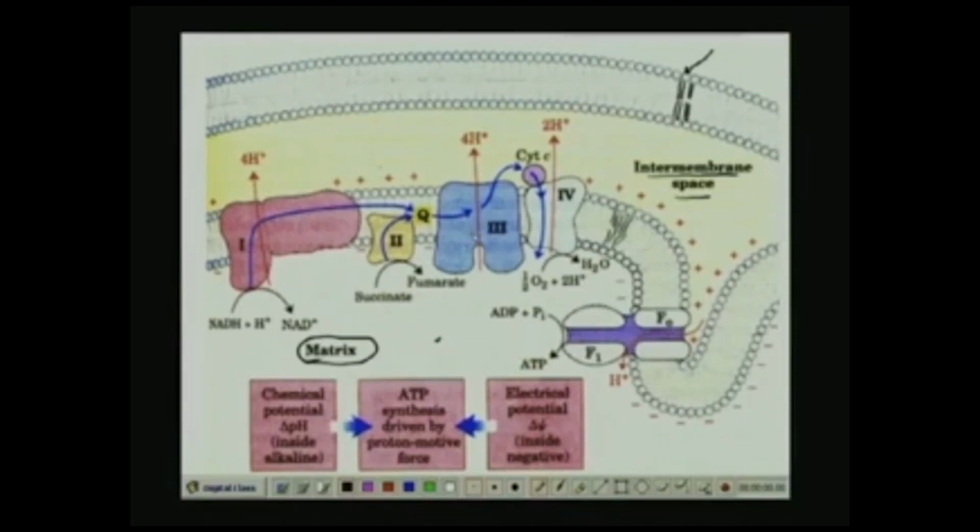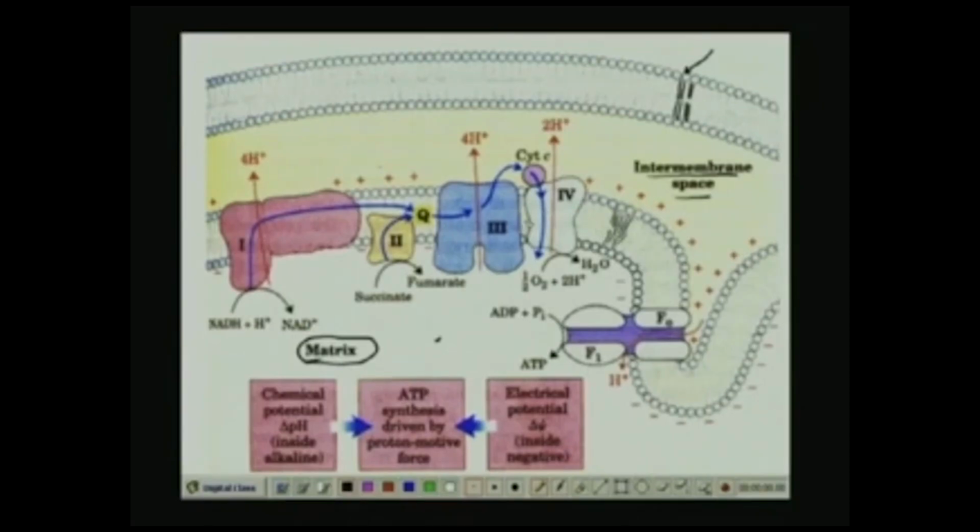It is comprised of a protein, and along with the protein we have prosthetic groups or other electron transfer cofactors, the ones that we have been mentioning, that are going to help us in the transfer of the protons from the inside to the intermembrane space. Okay. We are now going to look at the constituents of each of these complexes, but this is a pictorial representation of how it actually looks.